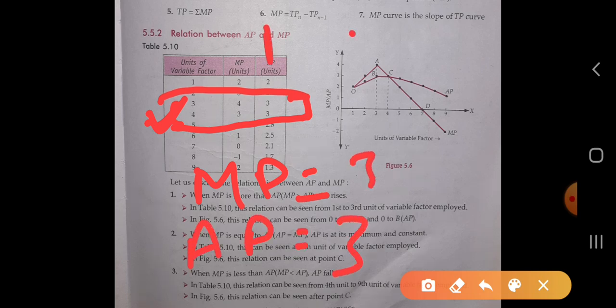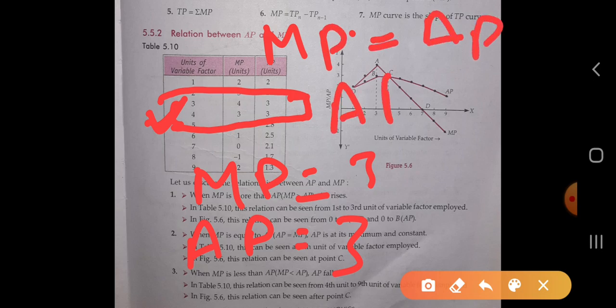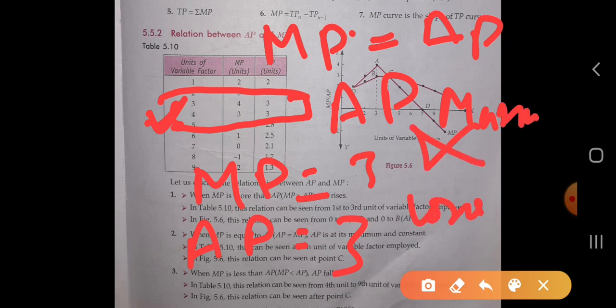So if there is a condition that MP equals AP, then AP will be maximum and constant. How? At the third unit it is 3, and at the fourth unit it is also 3. In this table there is nothing more than 3.